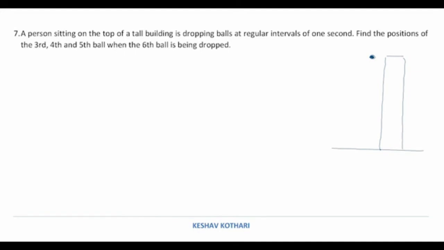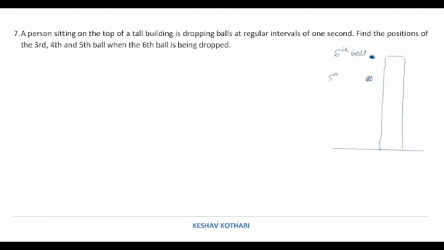Now the sixth ball is being released and we are asked to calculate the position of the fifth, fourth, and third ball. The fifth ball has traveled for the least duration, that is 1 second. If this is the sixth ball, then the fifth ball must have traveled for 1 second. So this is the fifth ball.